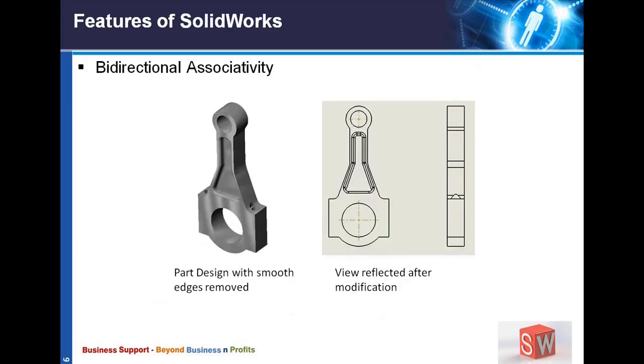The next feature is bidirectional associativity, which is more interesting in SolidWorks. You create the part, you do the modeling, and once you complete the assembly modeling, you go for creating the production document drawings. What you see here is exactly that production document drawing. The first image shows the part created, and the second image shows the part used for creating orthographic views.